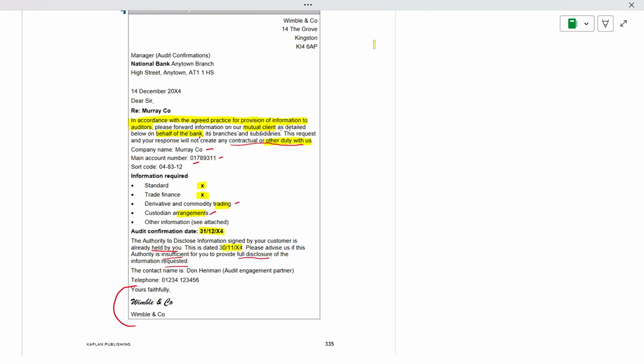Please advise if this authority is insufficient. The auditor is asking the bank whether that letter is sufficient or insufficient. Reserved for you to provide full disclosure of the information requested. It means if that letter is not sufficient, then we will say that we want more information.